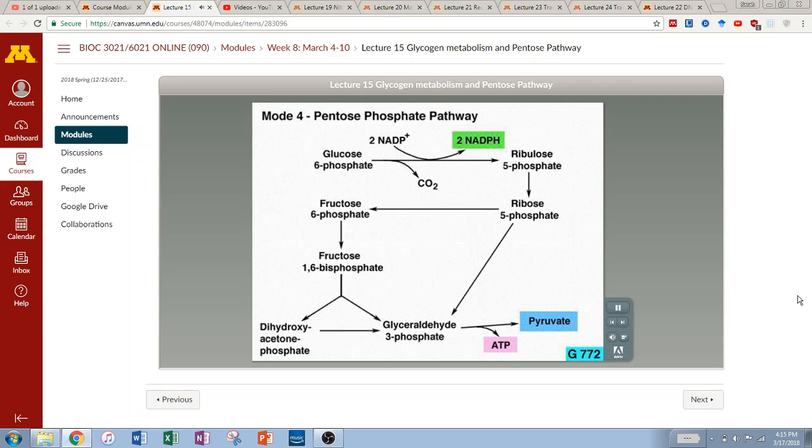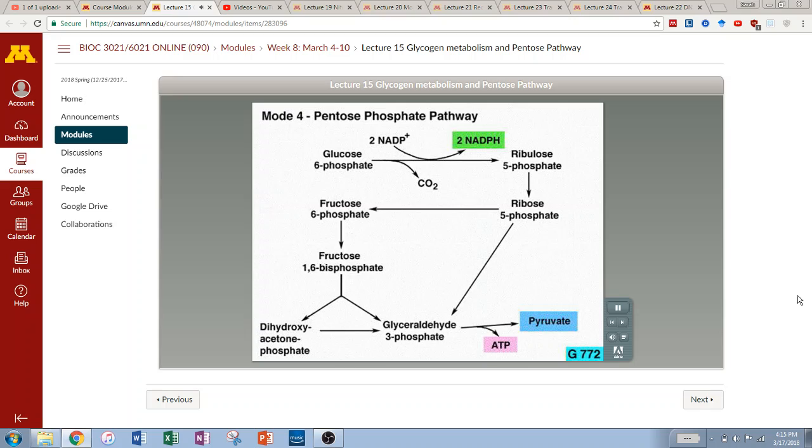This graphic shows one way of representing the pentose phosphate pathway. This is a simplified version of mode 4 of the pathway with a number of the reactions omitted. Mode 4 of the pathway is operative when the cell needs NADPH and ATP, but does not need ribose 5-phosphate for nucleic acid biosynthesis. We can break this form of the pathway down into two phases.